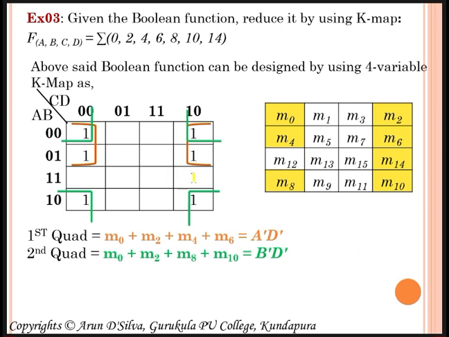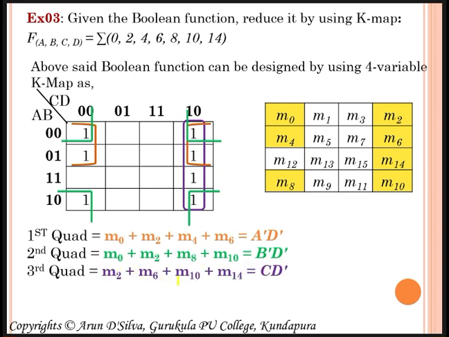Still this one is left out, so what to do with this one? While looking at here, we can frame a quad here, that is involving these four ones. In the purple color it is shown on the screen. So that consists of m2, m6, m10, m14 minterms. Now how to generate the reduced minterm of this quad?